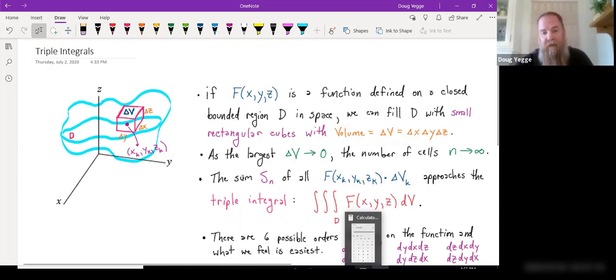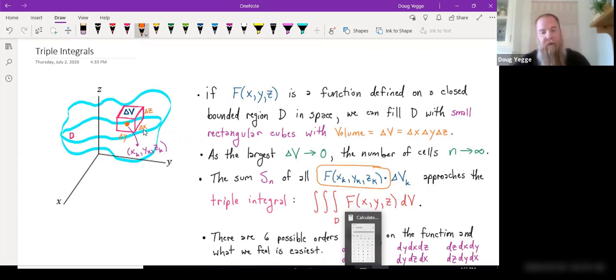So it turns out that if we wanted to take the sum of all of these 3-variable functions times their corresponding delta v, then if I were to look at this particular point inside of this particular cube, that point in 3 dimensions would map to a 4th dimensional function value.